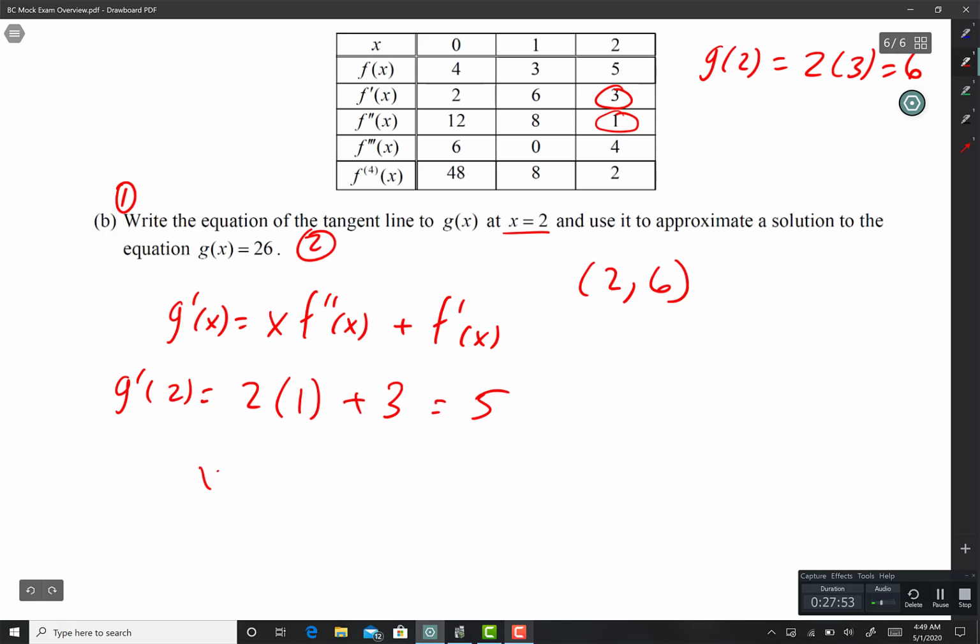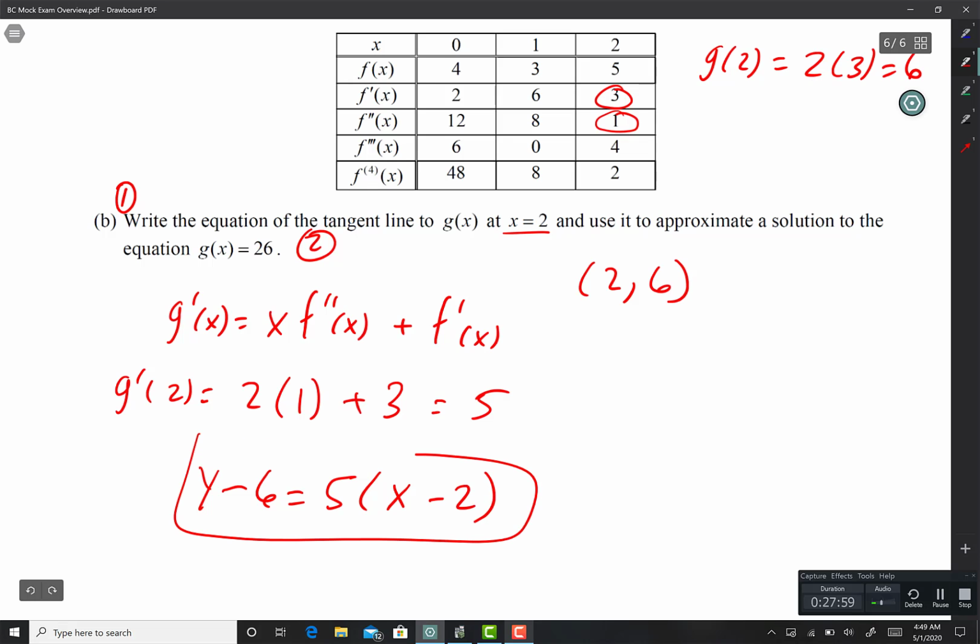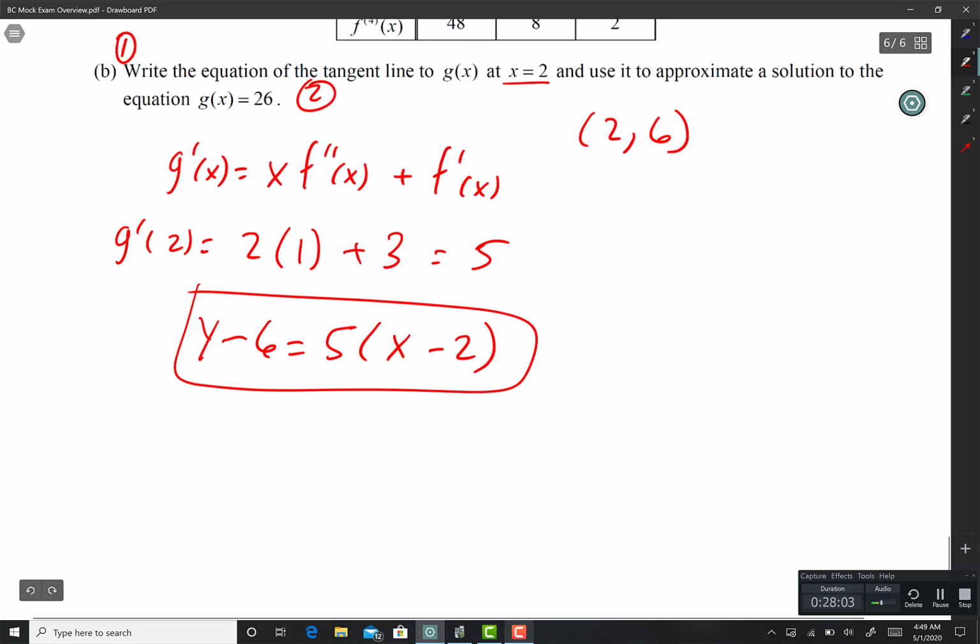So now that I got that going on, here's my tangent line. Y minus 6 equals 5 times (x minus 2). That's my tangent. I'm going to use it to approximate 26. If you want to distribute, you can. I'm going to go ahead and do it like this, guys. I need it to approximate the solution to the equation g of x equals 26.